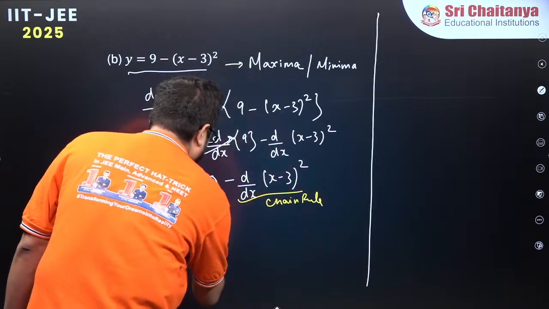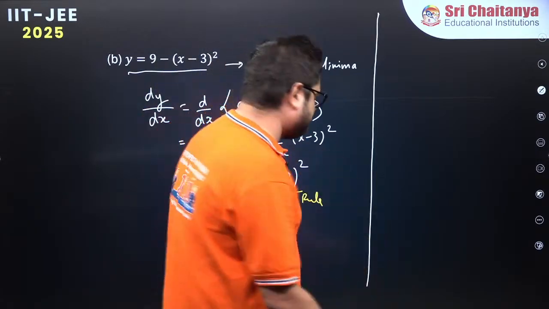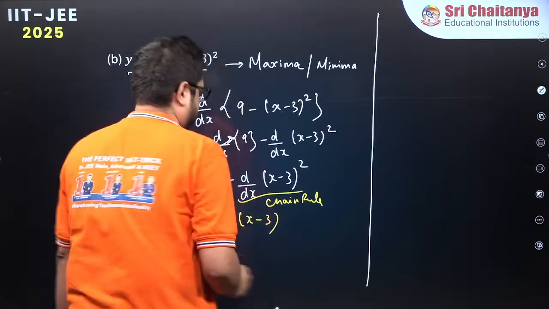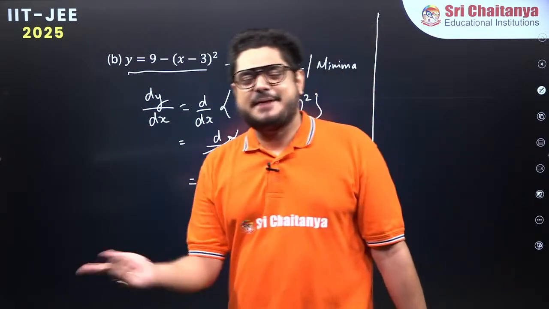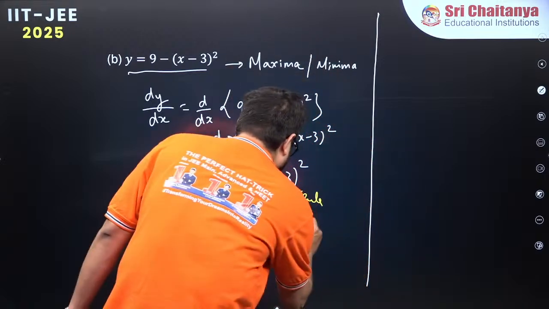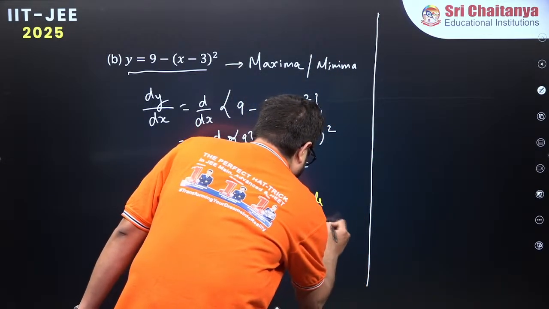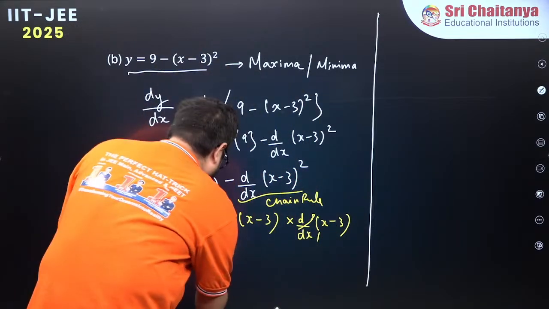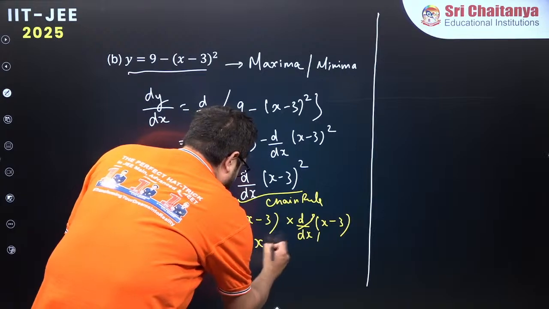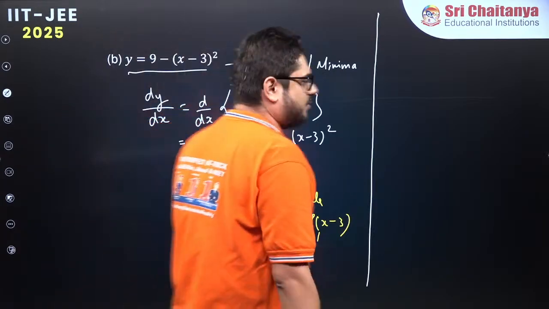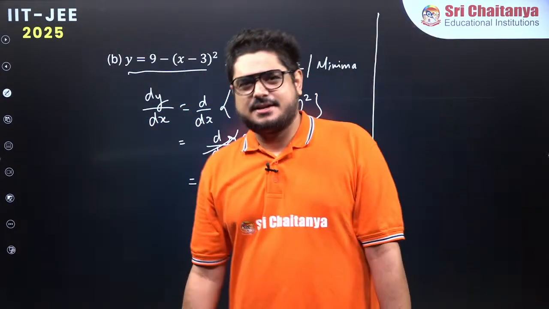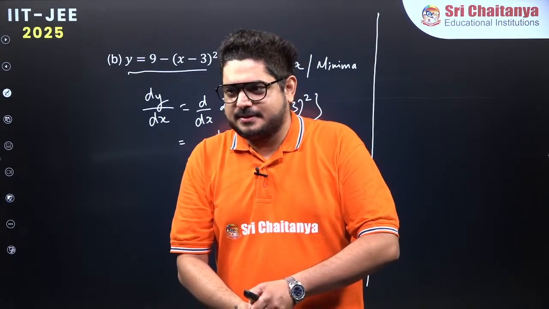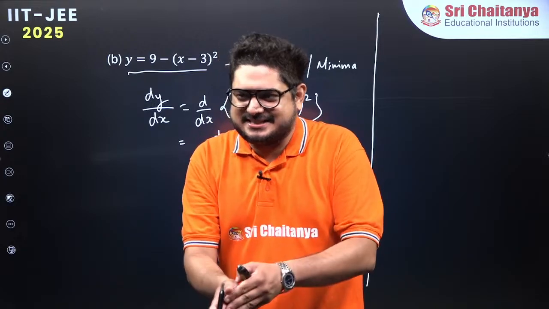You treat this as a single function, so it is going to be 2 into (x minus 3) into d by dx of (x minus 3), which is going to be 1 itself. So as a result, I will get minus 2(x minus 3). I hope everyone's getting this. Did everyone get this?